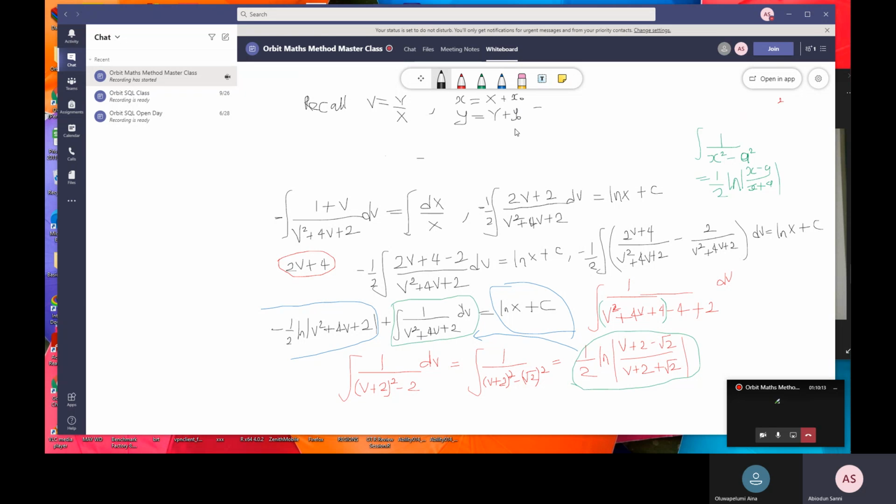So after I substitute big Y over big X, you now substitute big X to be x minus x naught, and big Y to be small y minus y naught. Do you understand? And that will end the solution of the question. Yeah.